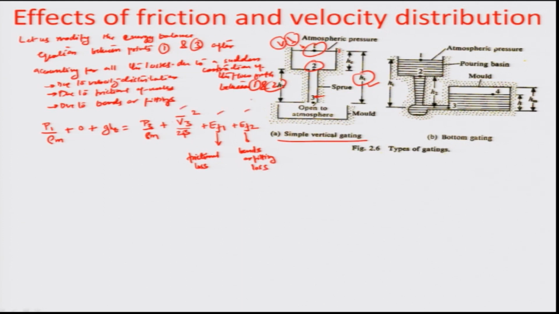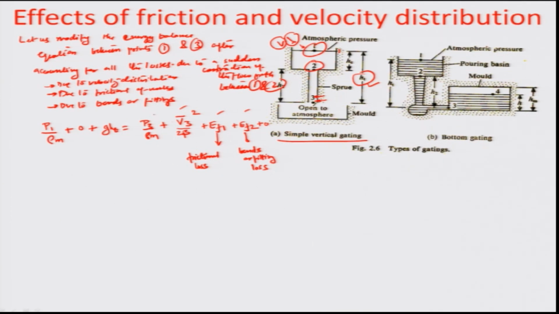As you can see here, there is no potential head really. So, height of the mold as assumed here at point 3 is basically equal to 0. It is a top gating system. So, that is how we have been doing this analysis earlier as well in the case where there was no friction.